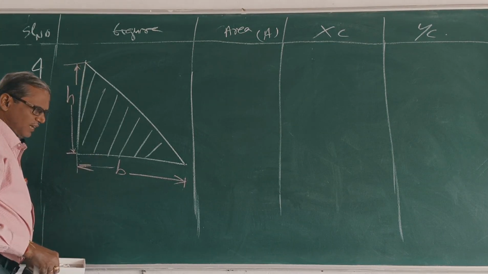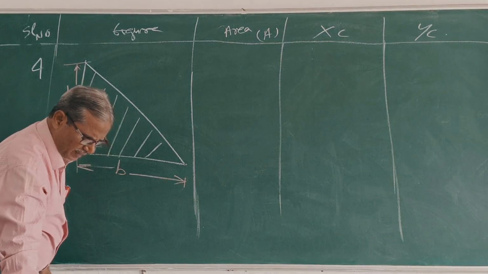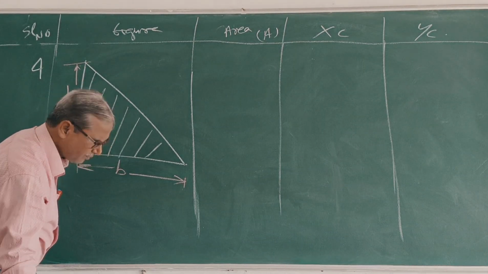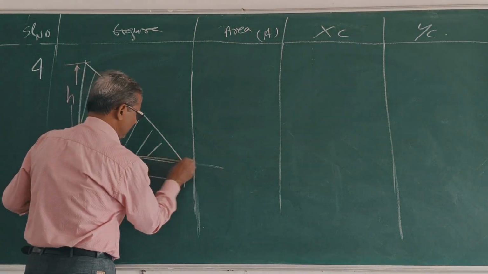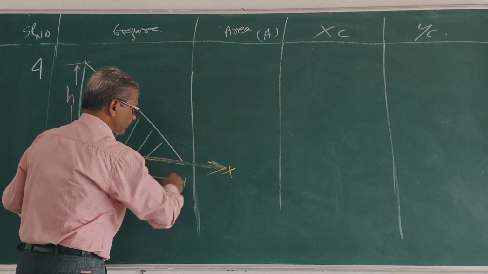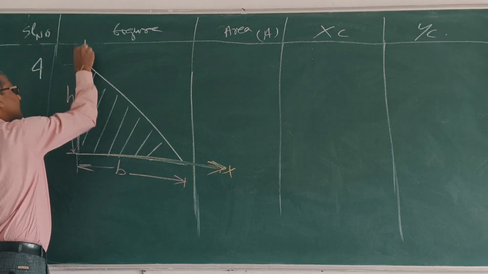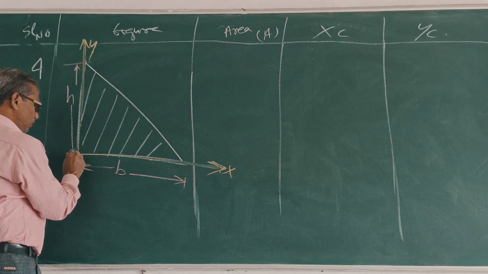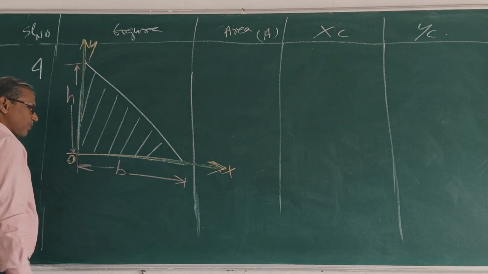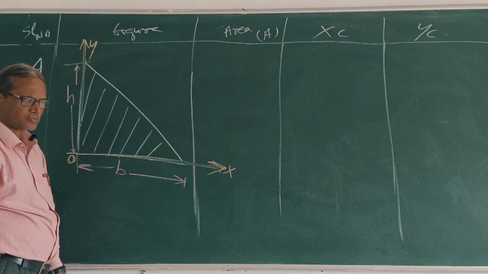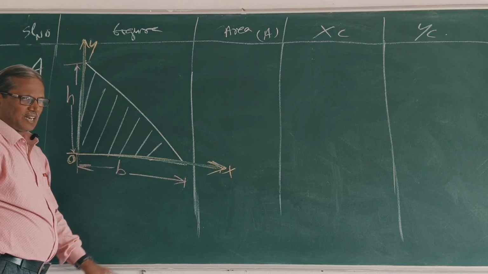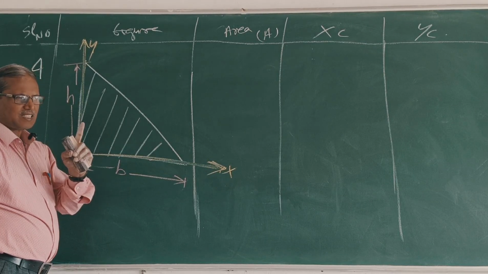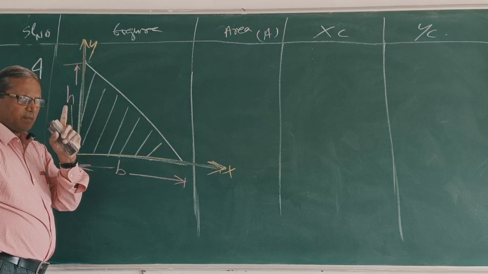Clear? So in this triangle, take this x-axis, this y-axis, this origin. Clear? So where does the CG lie? The CG lies where the three medians cross each other.